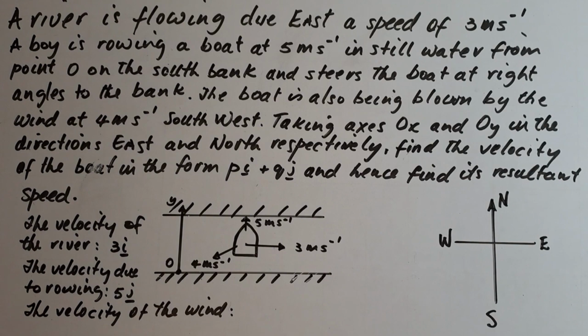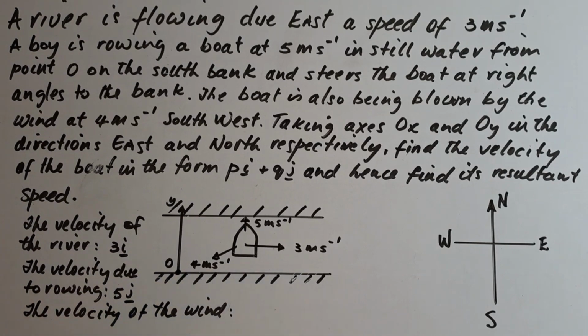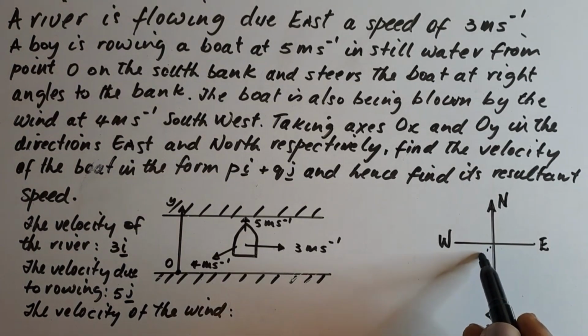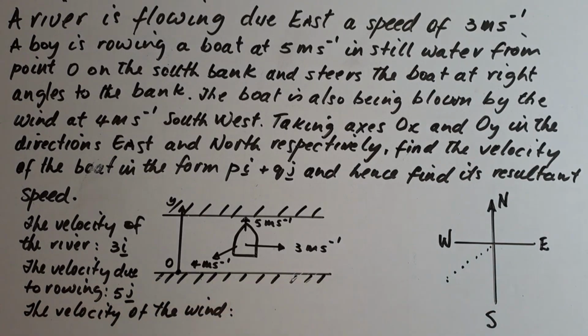But in order to find the components, we need to resolve 4 meters per second. Now, if it's southwest, then it's at 45 degrees to the south. So if we were to just show you a dotted line, it's southwest. So this angle is 45 and this angle is 45. So we'll resolve it in both directions to determine the components.